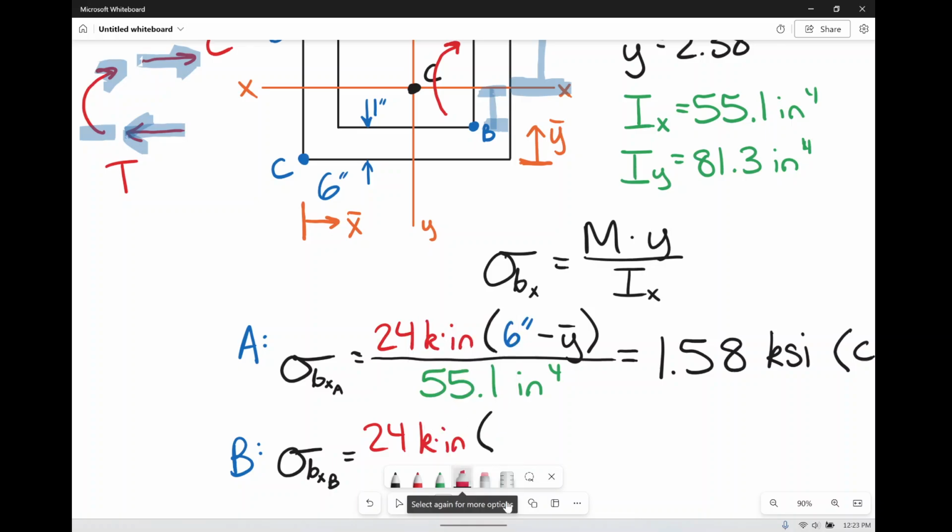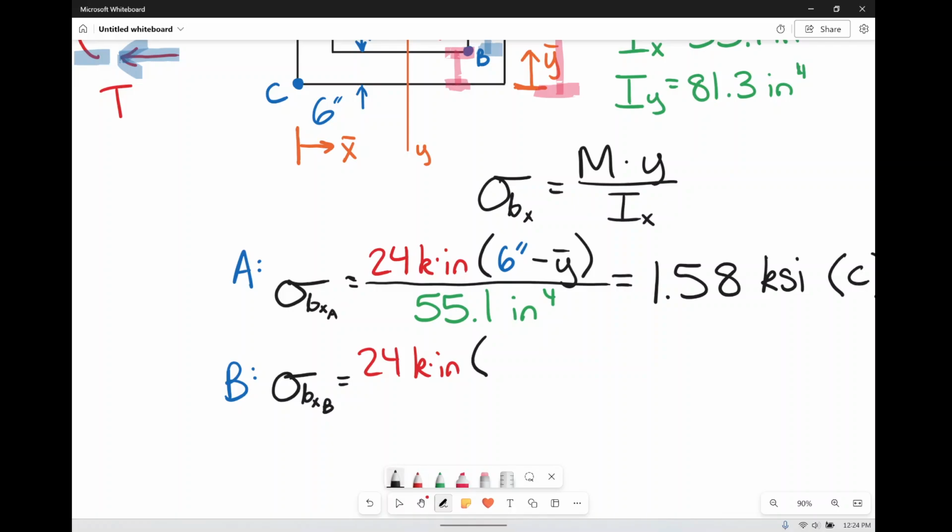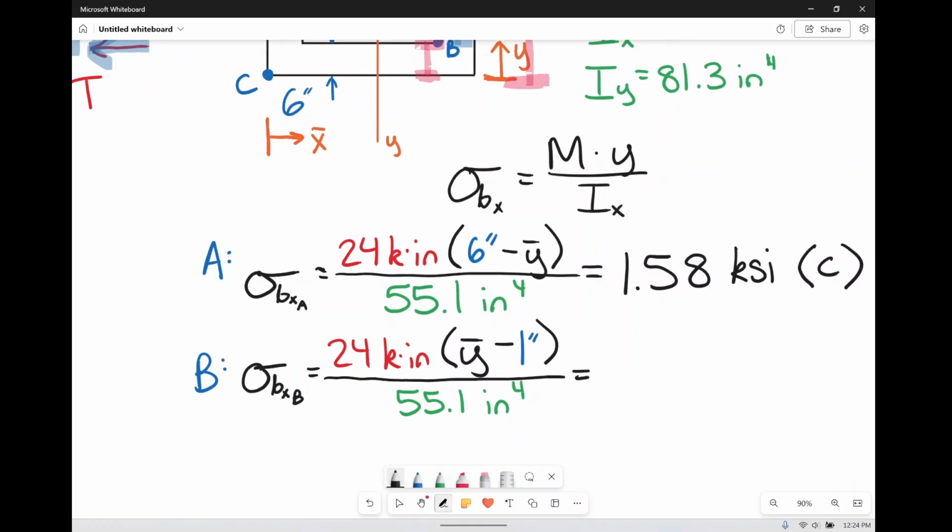So how I'm looking at this is I've got this whole y bar, and then I'm going to subtract off this 1 inch, and that'll give me the remainder. So it's y bar minus 1 inch thickness down there, over, again, Ix, which is 55.1 inches to the 4th. And what we're going to get when we solve for this is 0.60 KSI.